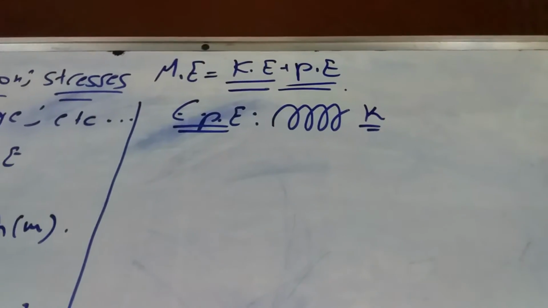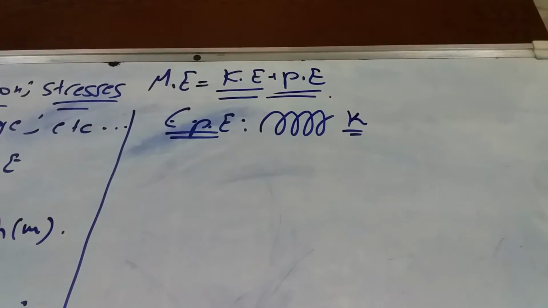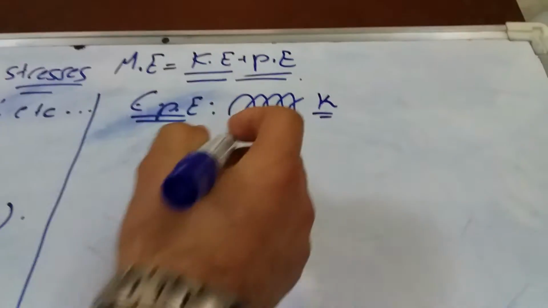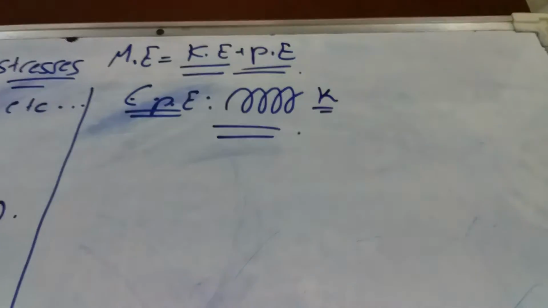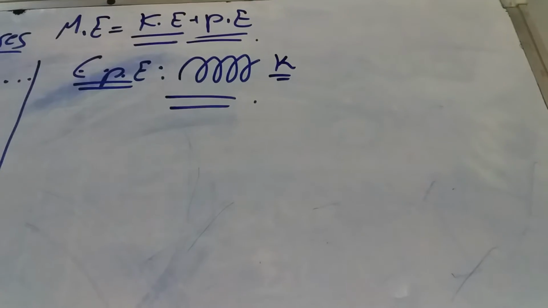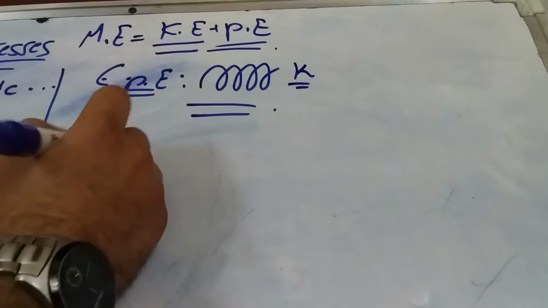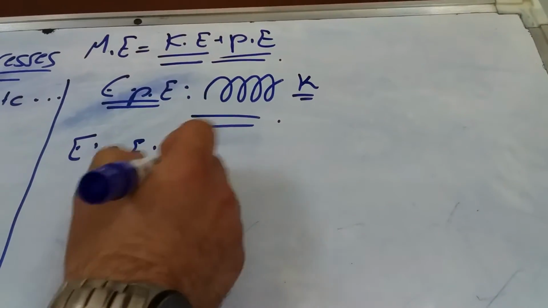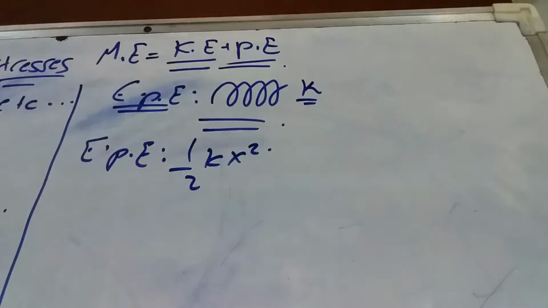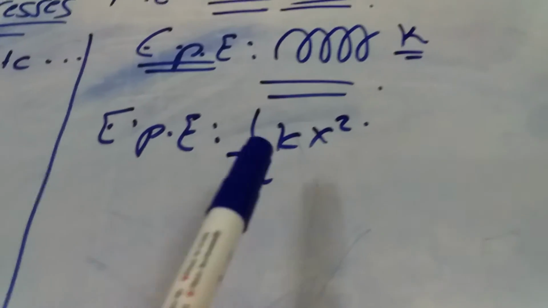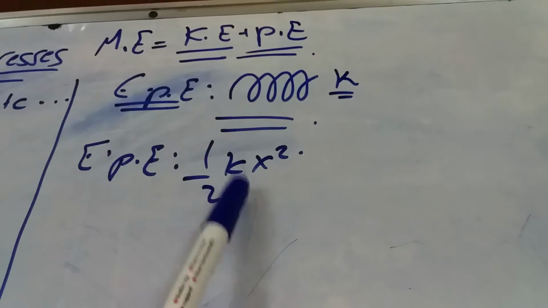The elongation and the compression give the spring an energy called EPE, which is equal to half k x squared, where k is the spring stiffness.